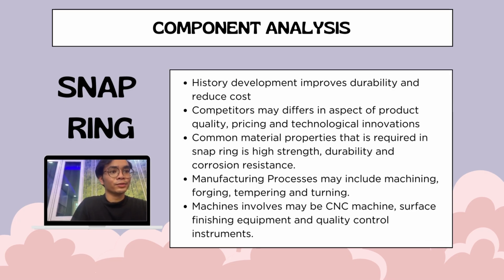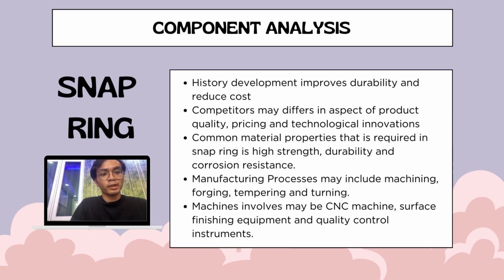Now we come to component analysis. For this part we have the snap ring. We know that the snap ring is to improve durability and reduce cost. The competitors nowadays for snap rings look at product quality, pricing, and technological innovation.